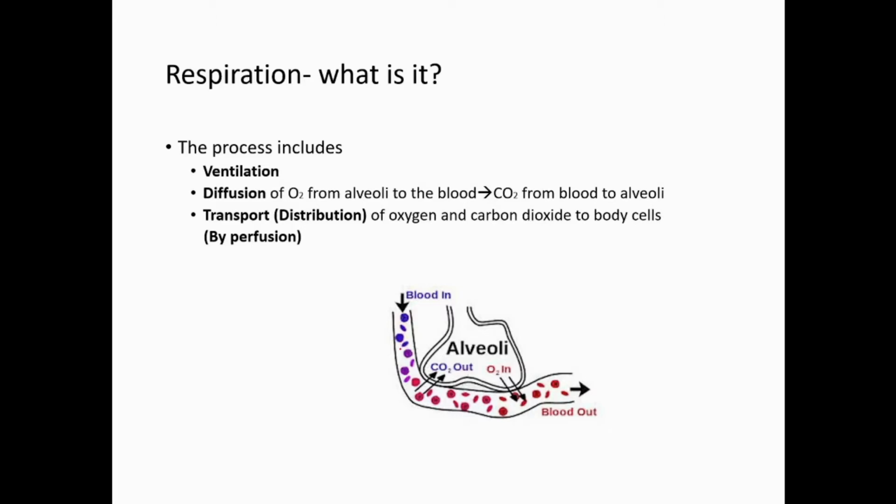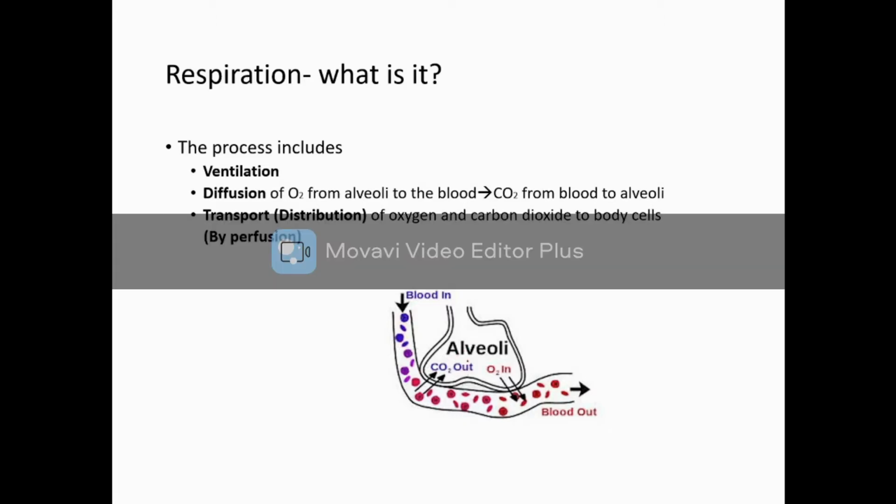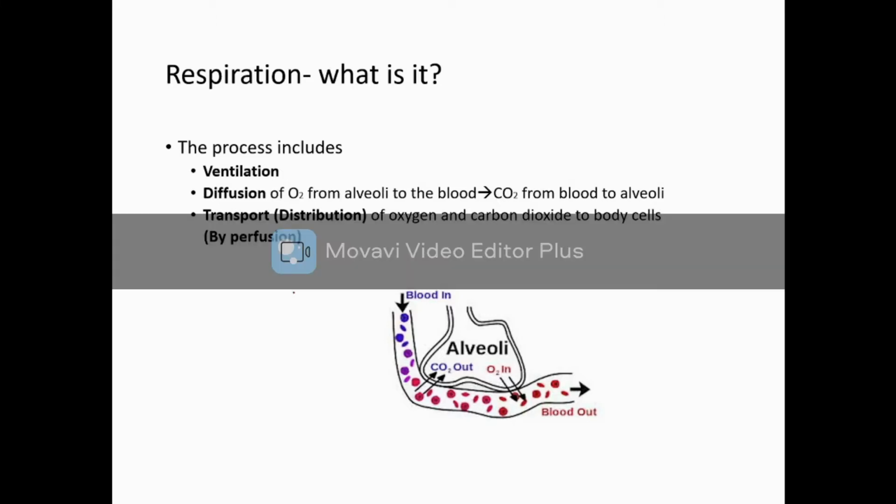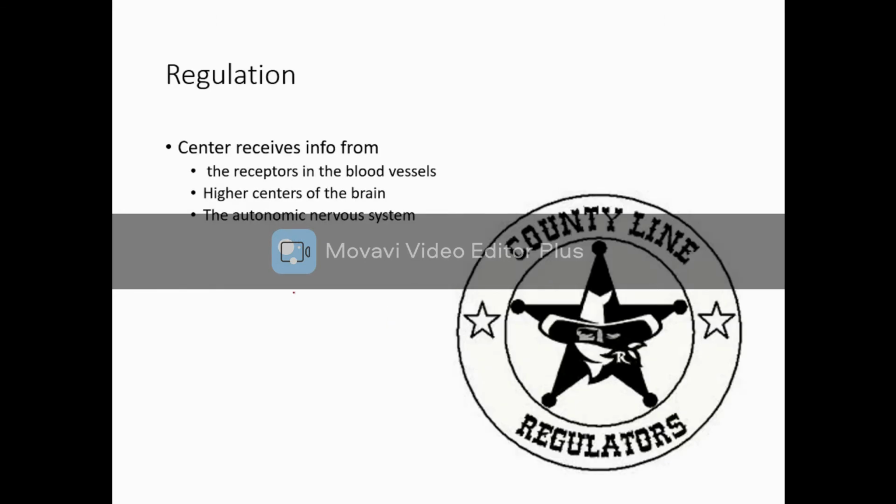So as blood comes in, carbon dioxide starts to diffuse out into the alveoli, and oxygen starts to diffuse in, and now we have oxygenated blood going out. This oxygenated blood is transported or distributed to the body cells, and carbon dioxide is taken out of the body cells. And when it goes to the body cells, that is perfusion of oxygen into the body cells.